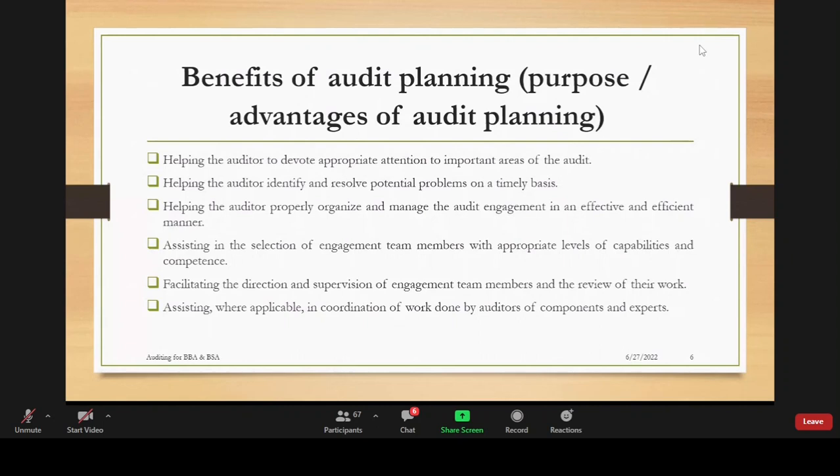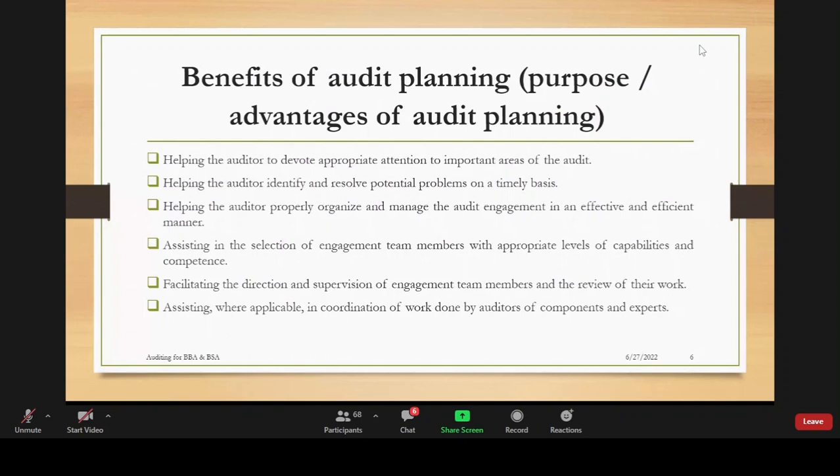It also helps the auditor resolve problems in a timely manner, because your program is properly set. It helps you organize and know who is supposed to do what. Selection of the engagement team: like I said, people have different competences, skills, and capabilities. You won't take a complex area of a financial statement and give it to a junior auditor.